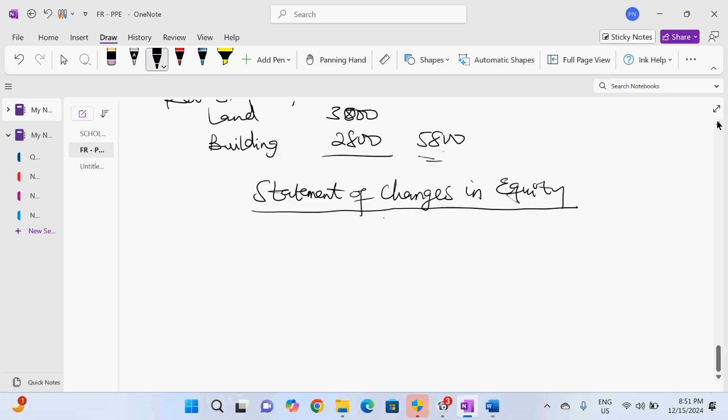So what will be the heading? I can't think. Is it revaluation surplus, retained earnings?